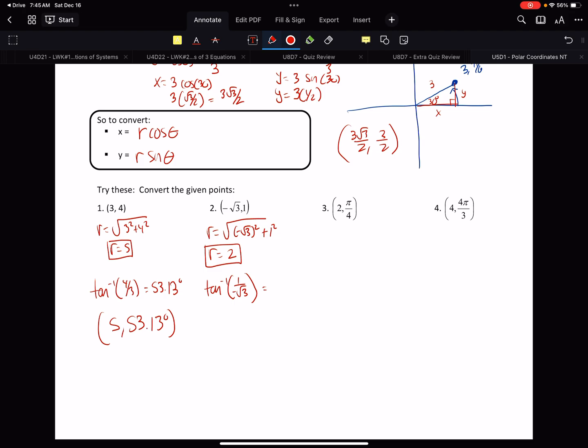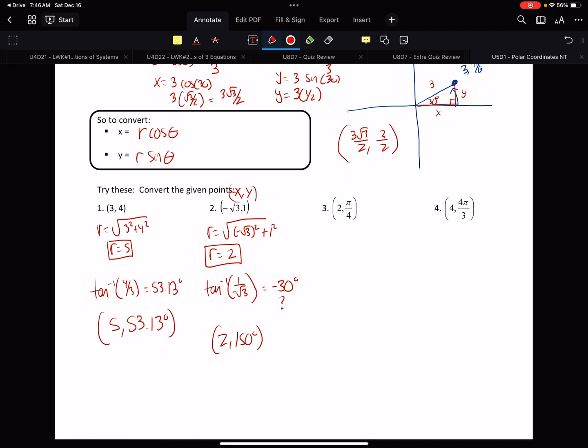Well, the real idea here is we're in the second quadrant. That doesn't make much sense because I'm in the second quadrant. Since I have a negative x and positive y, that tells me I have 150 degrees because my reference angle is 30 degrees. So we have (2, 150 degrees) in this scenario. The negative 30 is a little fishy, but really it's giving you the reference angle, and we know we're in the second quadrant.